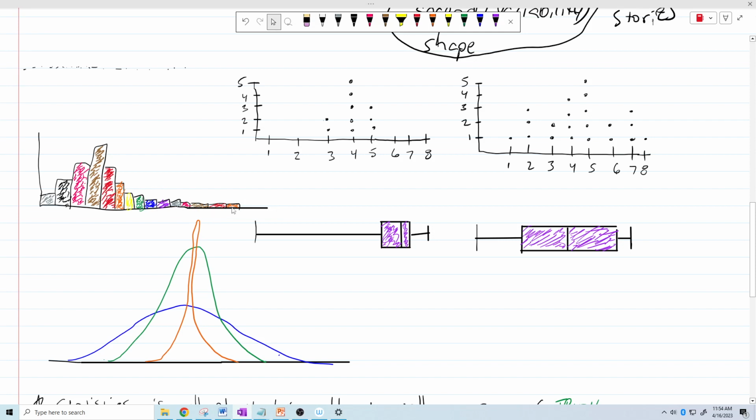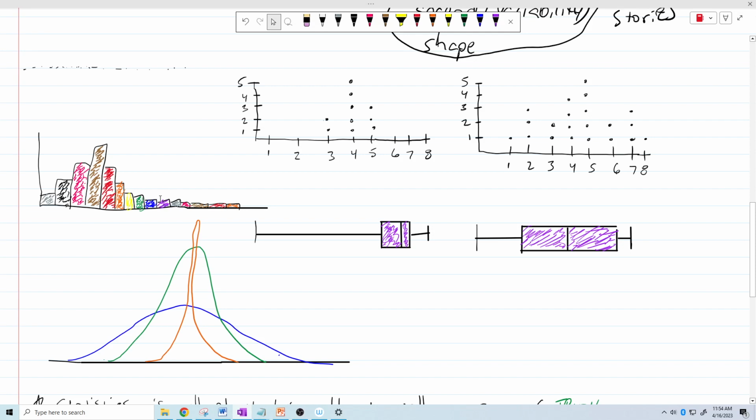You have what's called here outliers that give this shape a long tail of data points outside of where most of them happen to be. You can ascertain that same information from the box and whiskers. A whisker is these little lines here. Whiskers are a tail. If I were to convert this box and whisker to look like a histogram, it would look basically like this one, except it'd be flipped or reflected.